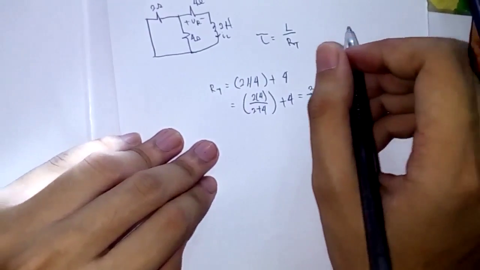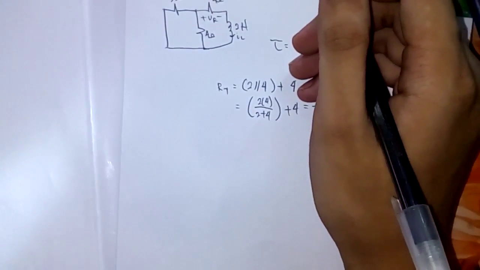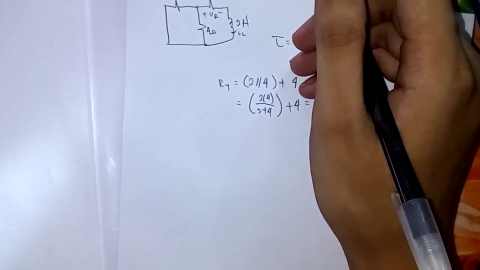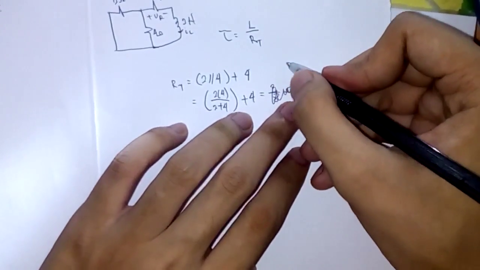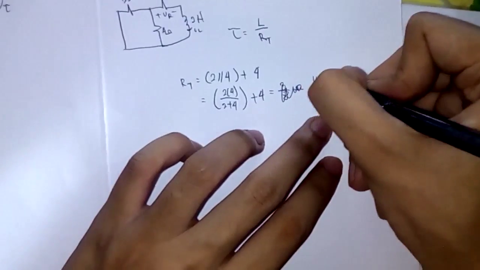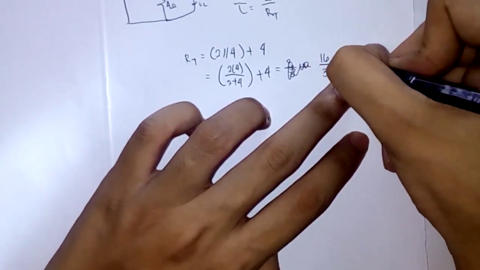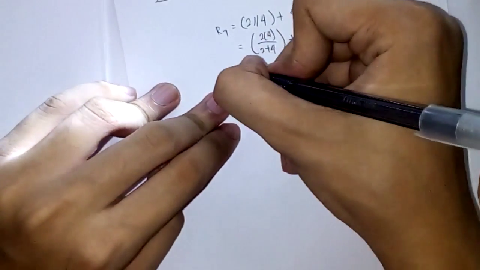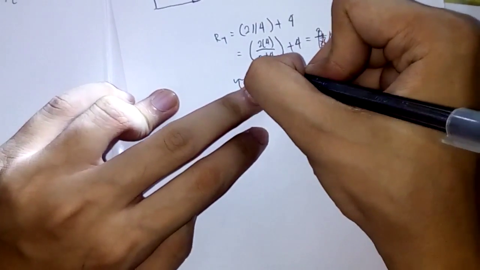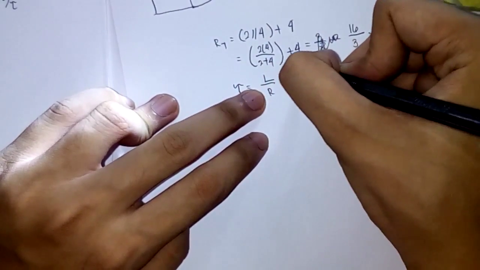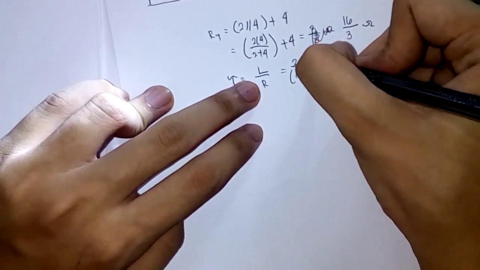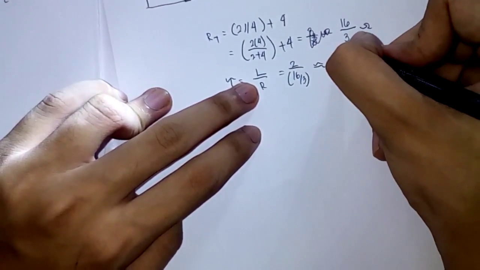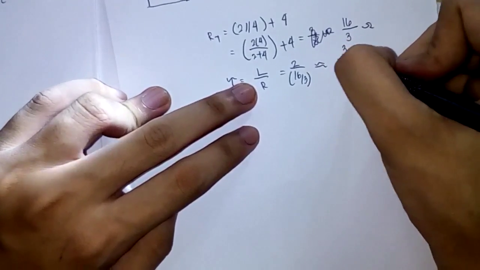So our time constant, L over R, equals 2 over 16 over 3, which is equal to 3 over 8.